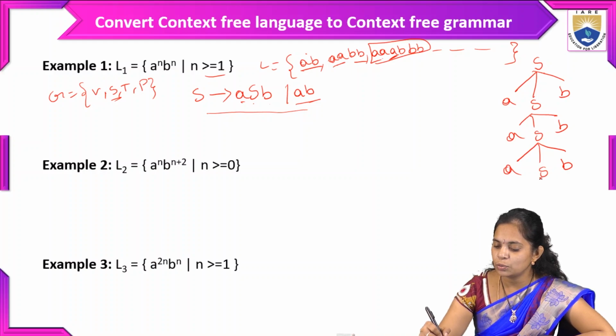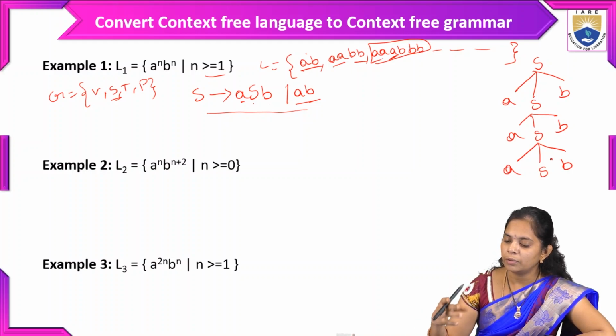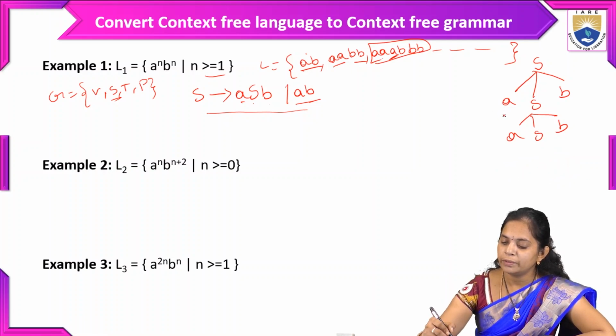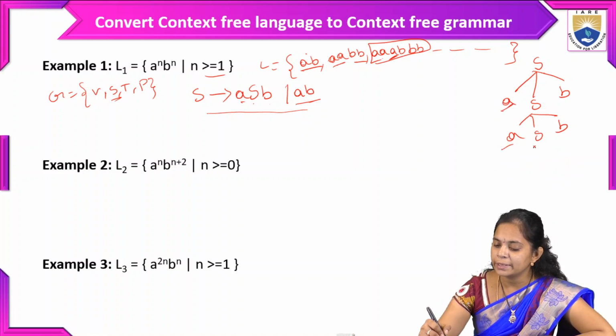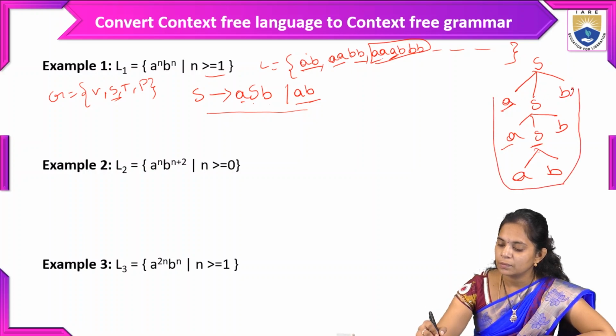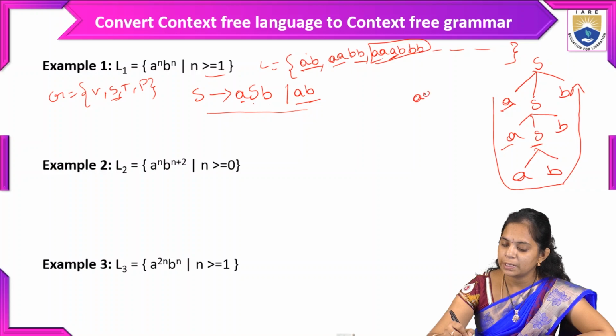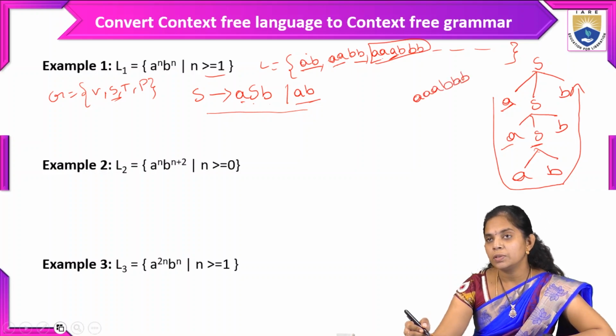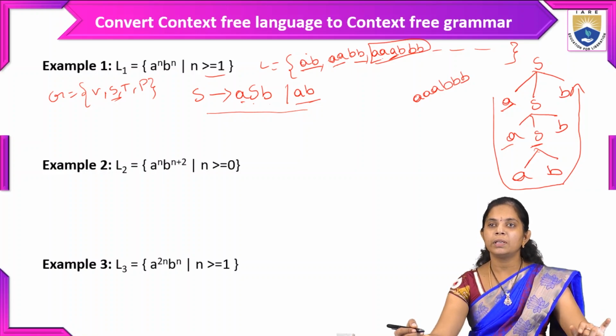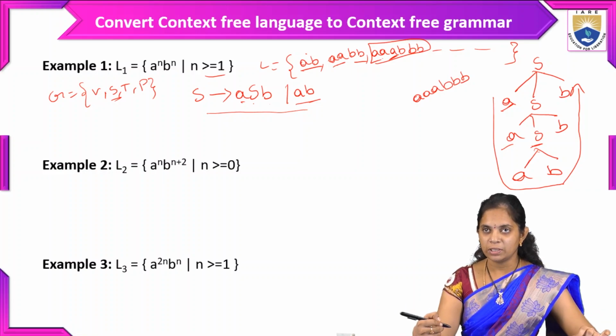Finally, S tends to AB. So here we already got double A's, and if we replace S with AB, we get the string: triple A followed by triple B. This is how we form the grammar from the given language.